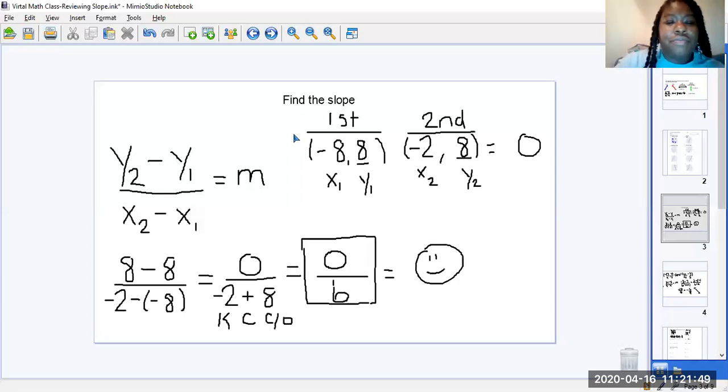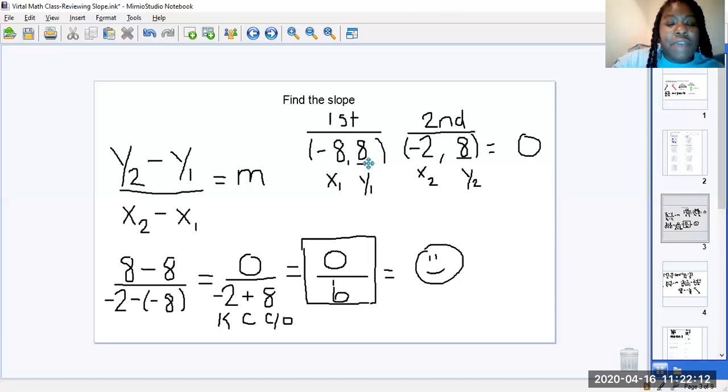But anywho, so as you can see here, I labeled each number and designated it x1, y1, x2, y2. So because -8 is my x coordinate for the first set, because this is the first set, okay? That's why we named it x1.